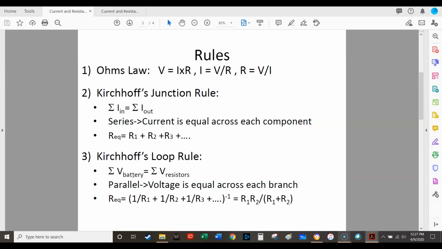Okay, and I am referring to the branches. If you have two resistors that are in parallel with each other, take the product of those two resistors and divide it by the sum of those two resistors, and that will merge those two resistors into one equivalent resistor. And so they'll behave just like one equivalent resistor having the product over sum of those two resistances.